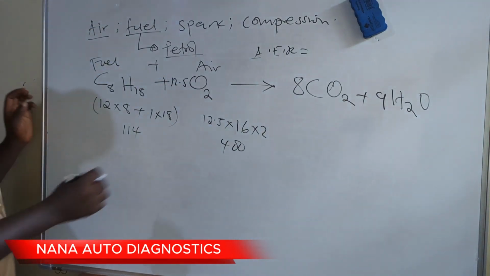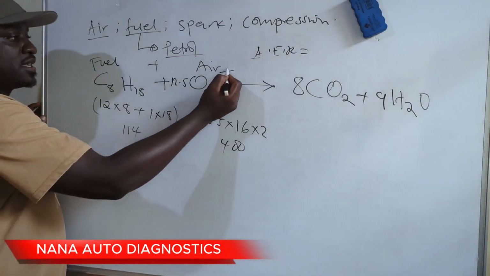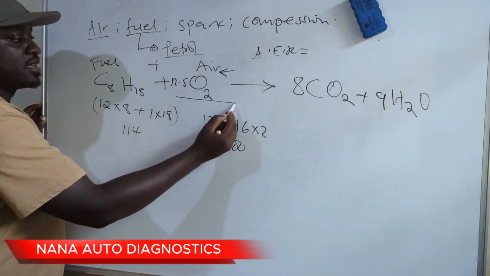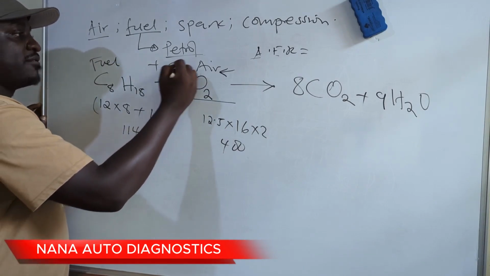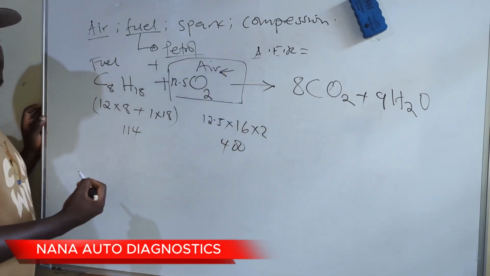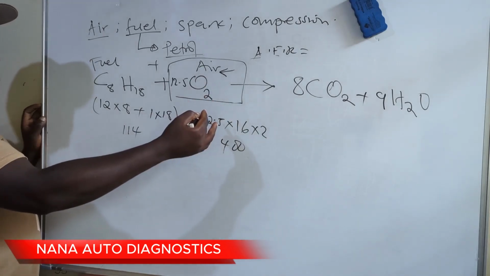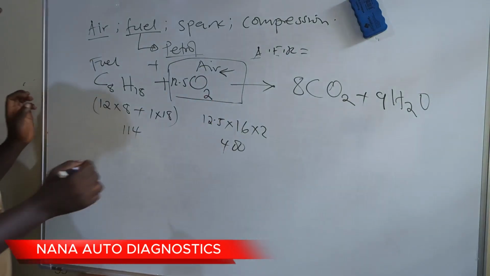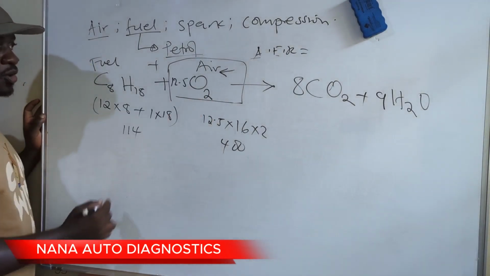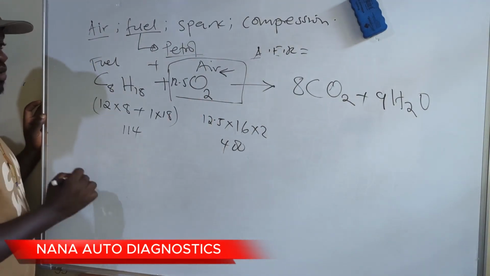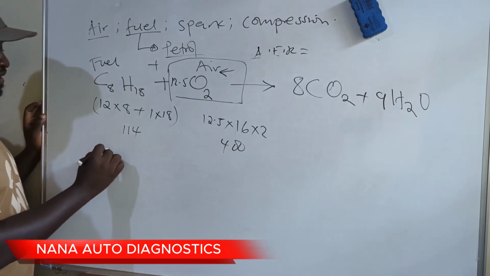But remember, this contains the entire volume of air. And in air, we have oxygen, we have nitrogen, we also have rare gases. We established that oxygen contains 23%.